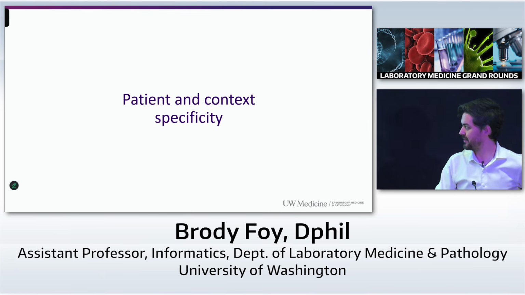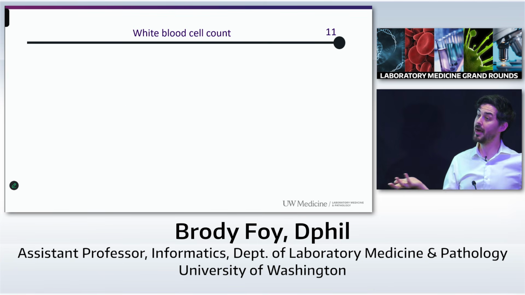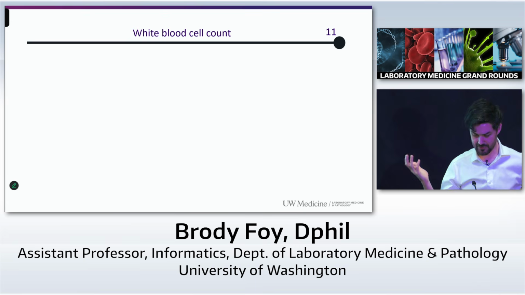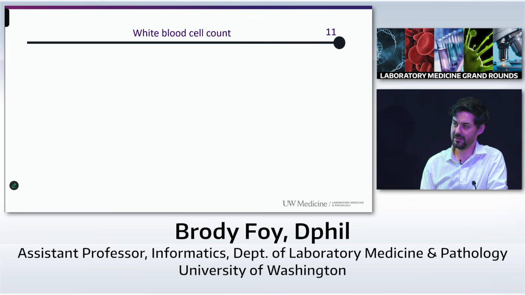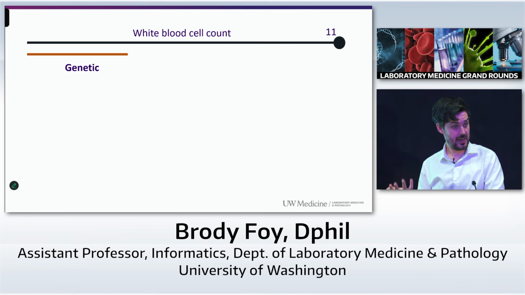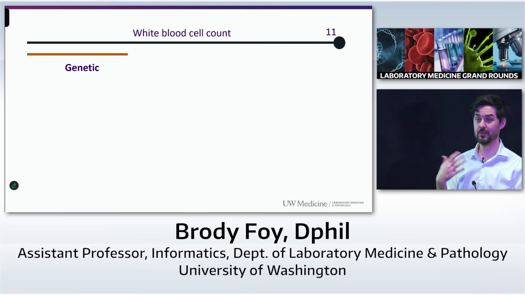Because what I mean by this is, well, you show up to the ER and your white cell count is 11,000 per microliter. Well, that's not really telling us one thing. It's telling us three things simultaneously. There's a genetic component, or a gene-environment early-stage interaction, saying that your body achieves homeostasis and regulates it in a certain way.